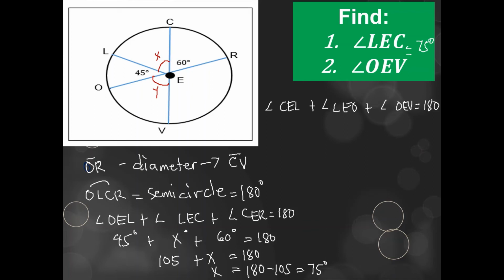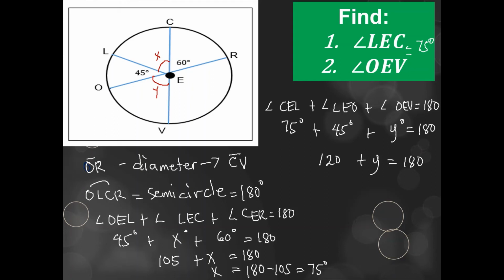CEL, or our LEC earlier, is 75 degrees. LEO is 45 degrees. And our OEV is Y degrees, that is equal to 180 degrees. Combining like terms, we have 75 plus 45 is 120 degrees plus Y equals 180.